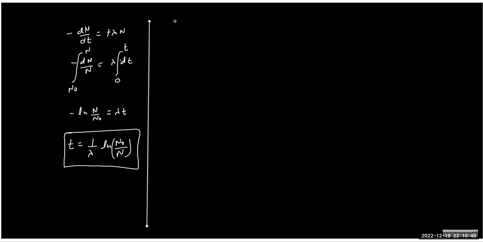And if you rearrange, you can also get n equals n naught e power minus lambda t. Given the time and the initial number of unstable nuclei, you can find the remaining nuclei, which are yet to be disintegrated. So how many nuclei disintegrated in time t?